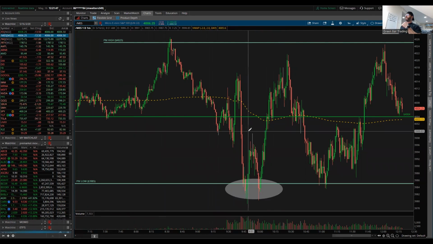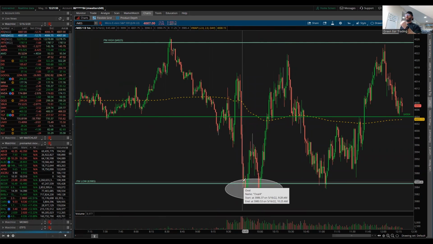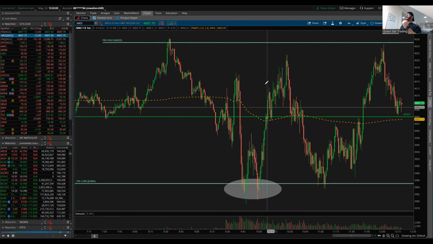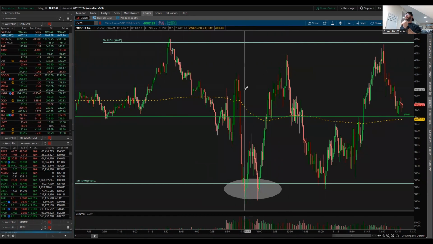Then we see a push up, it comes back, retests that area, and then we get a really nice move. For whatever reason, the algorithms and market makers like to test it and then retest these areas. A lot of times price likes to just gravitate towards these key levels.